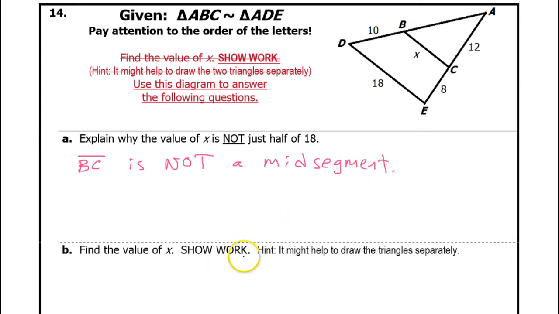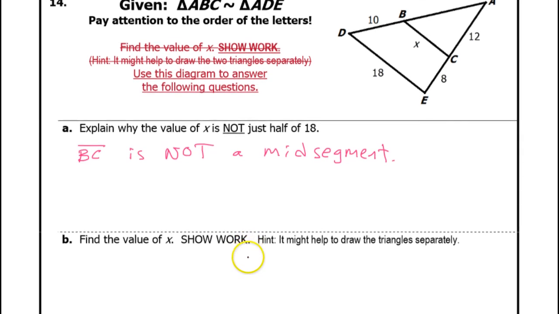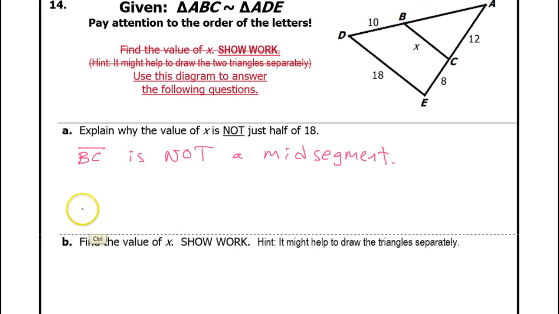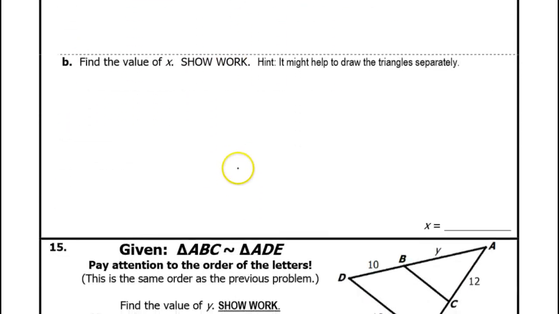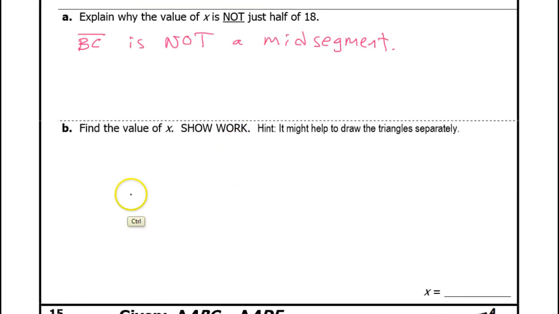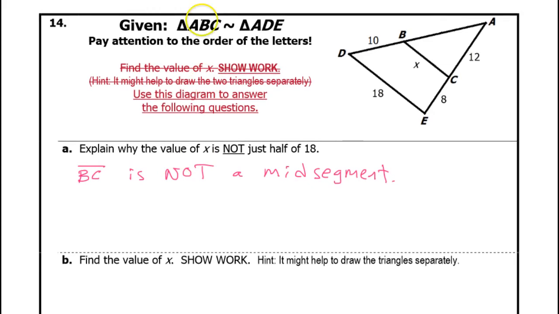Okay, find the value of x. It might be helpful to draw these triangles separately. I'm going to draw the triangles separately. The two triangles I'm talking about are the relatively small triangle right here, triangle ABC, and then the larger triangle, triangle ADE.